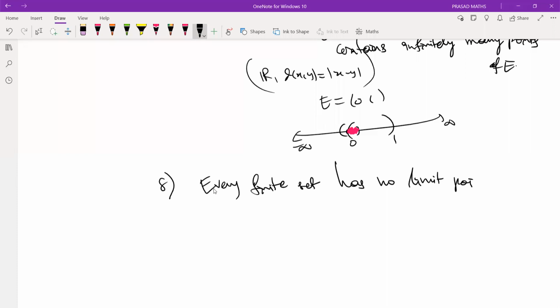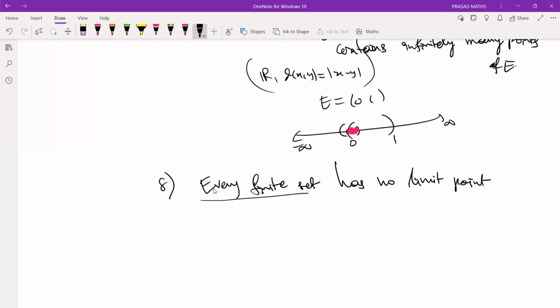Why? Because in order to say that a point is a limit point of the set E, every neighborhood of P should intersect the set E at infinitely many points. But you are taking a finite set. How can you intersect the set E at infinitely many points? No, right?